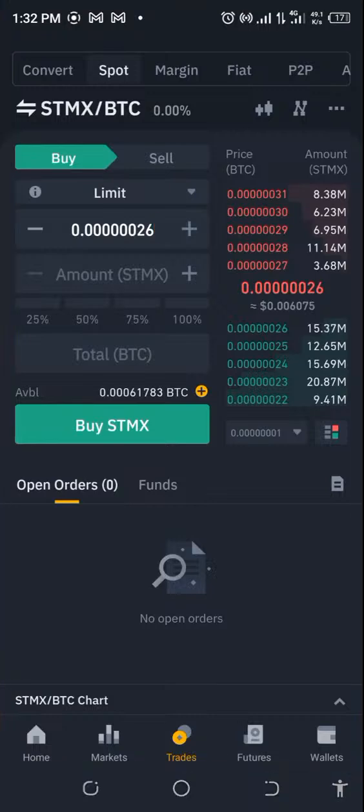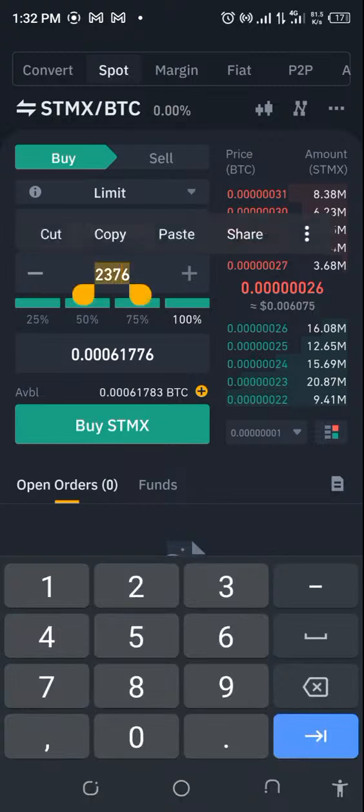But first of all, let's simulate, like I always tell you to do. Simulate first. If I take the entire BTC, what will I get? This is what I have for the entire BTC that I have here. Let me simulate that and see what I will get.